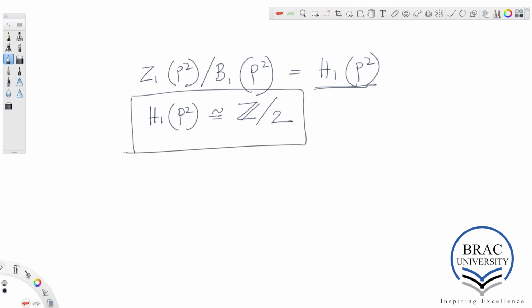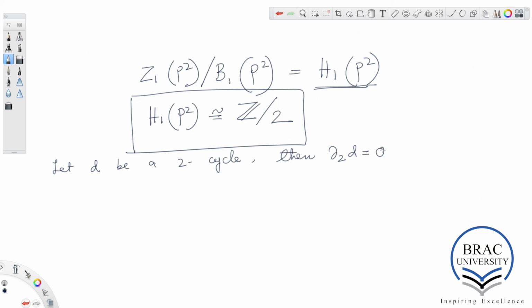Now it's time to compute H2 of P2, the second homology group of the complex P2. Let D be a two cycle. Then from the definition of a cycle, it follows that del 2D is equal to 0.